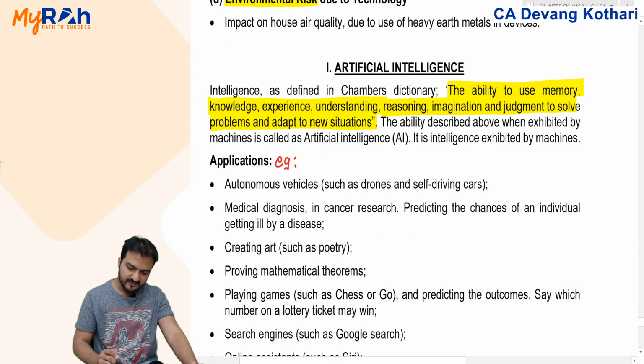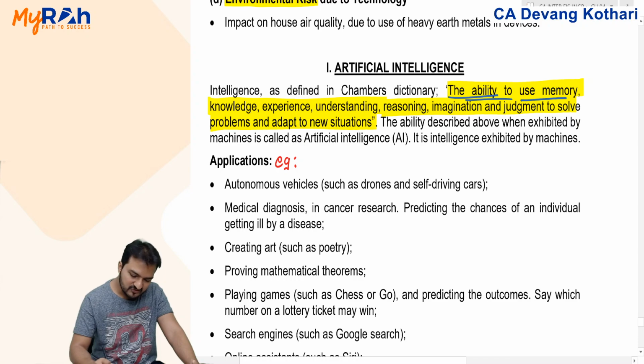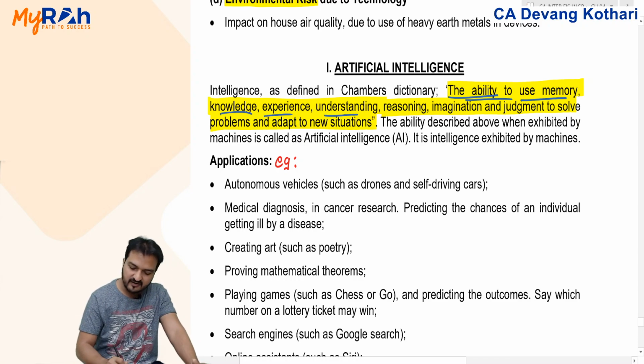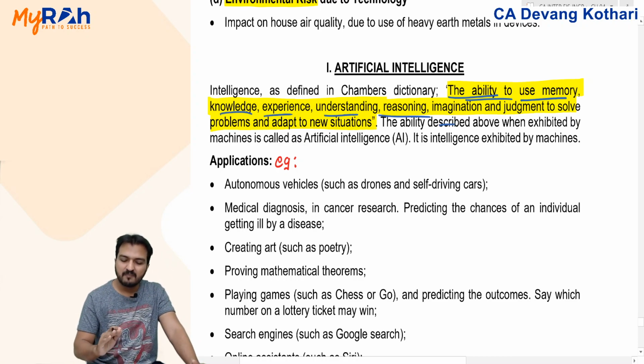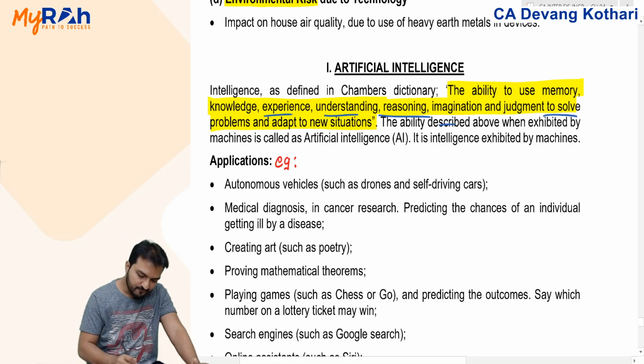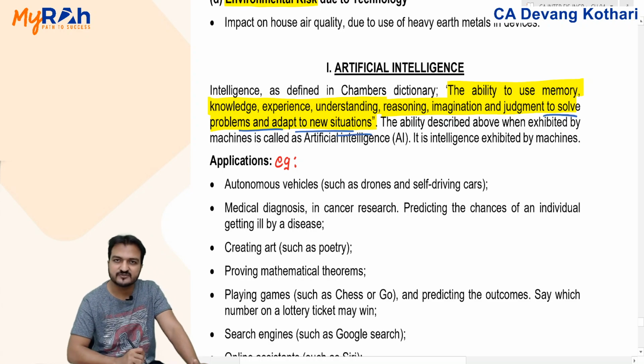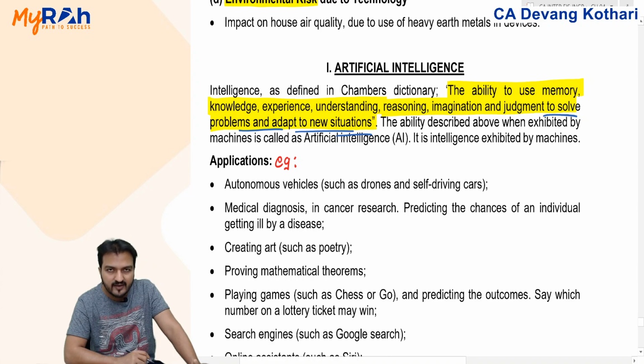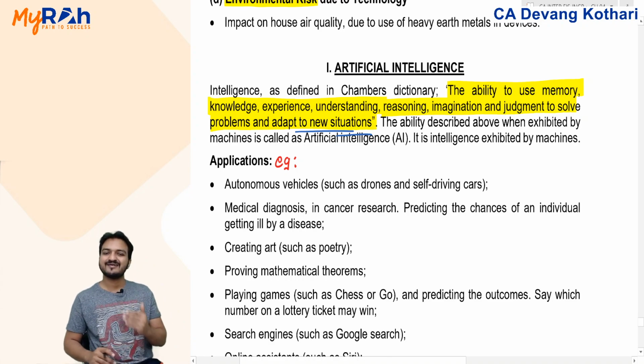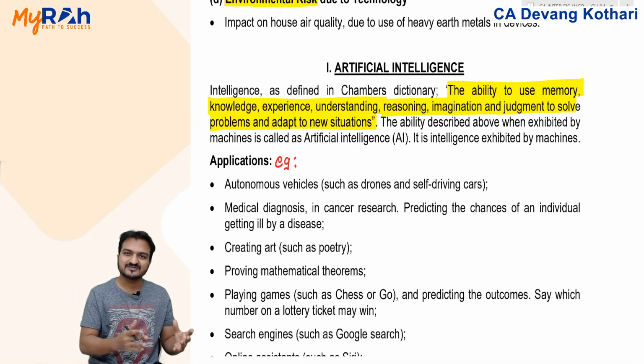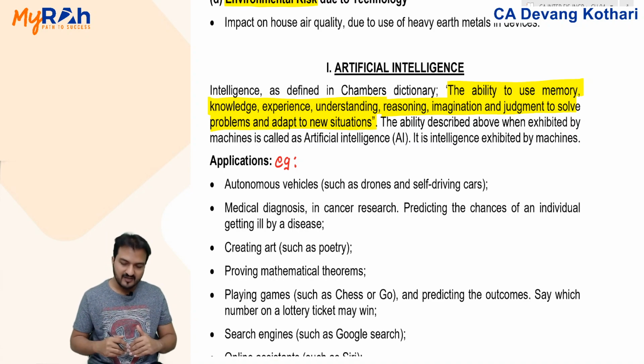And lastly, artificial intelligence was the ability to use memory, knowledge, experience, understanding, etc. by the computer to solve problems and adapt to new situations. This was the definition. In general, I said that artificial intelligence means computers having human-like abilities.